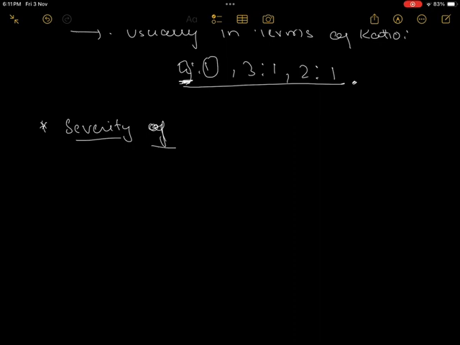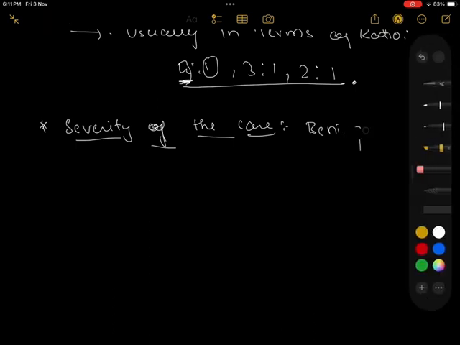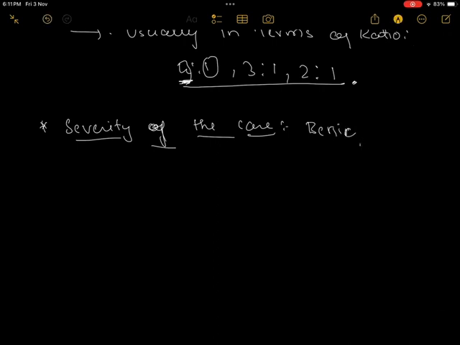So, if you talk about the severity of the patient, usually there are only benign kinds of symptoms found, and there is no specific treatment needed for those who are suffering from type 1 Mobitz classification.